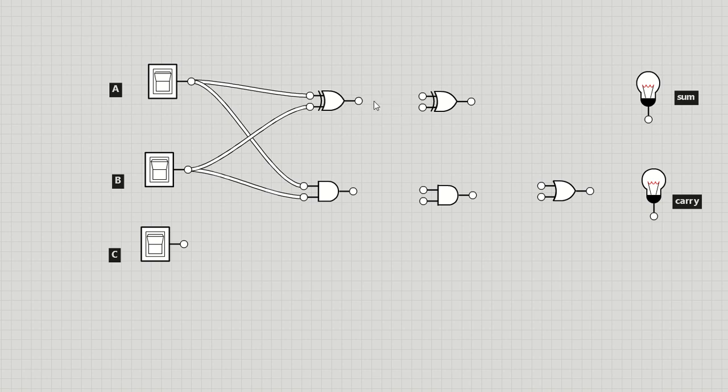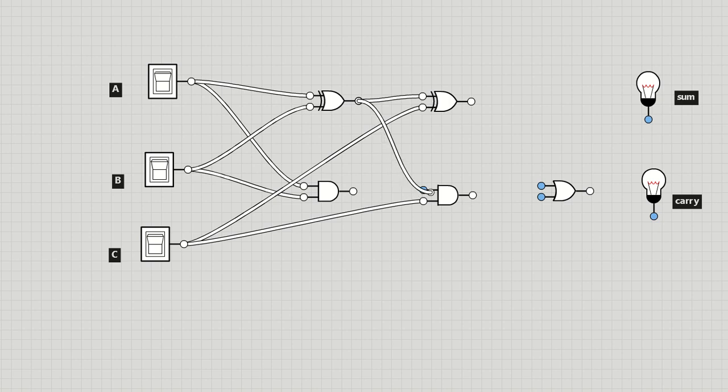Now another XOR gate and AND gate are connected using A and C. Now another XOR gate and AND gate are connected using the previous XOR gate and C. Now both the outputs of the AND gates are connected as the OR gate input.